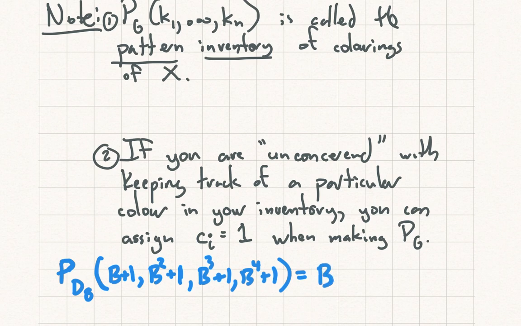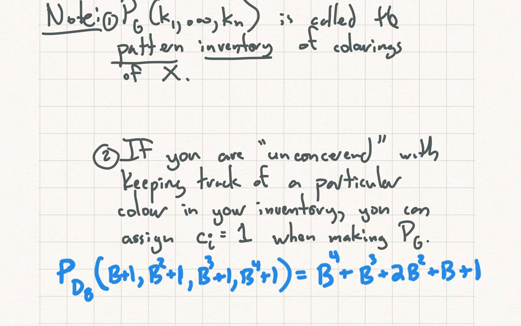You'd get b to the fourth plus b cubed plus 2b squared plus b plus 1. And this kind of forgets the information about the r's now. The r's just get set to 1, right?